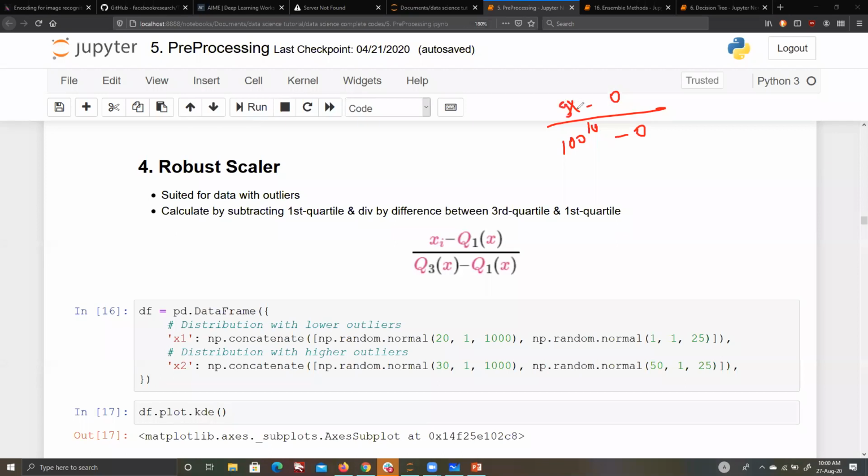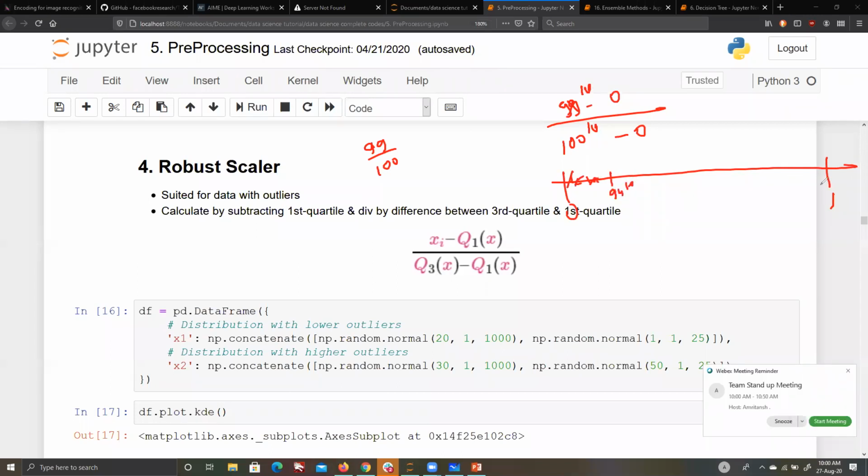Even if you put 99 to the power 10, you have any idea how much difference these values are? At power of 10, there is a massive difference between these two values. 99 by 100 might look very close to each other. Believe me, 99 to the power 10 divided by 100 to the power 10 is a massive difference. So what is happening is between 0 to 1, all the values are practically here. Maybe 99 is also here itself. And this is directly then 100 to the power 10. This is definitely not a fair distribution that we were looking for.